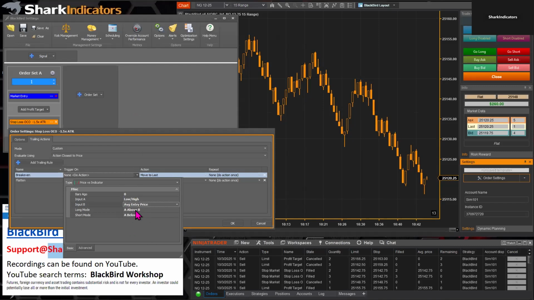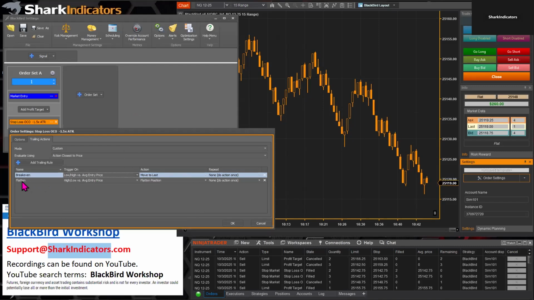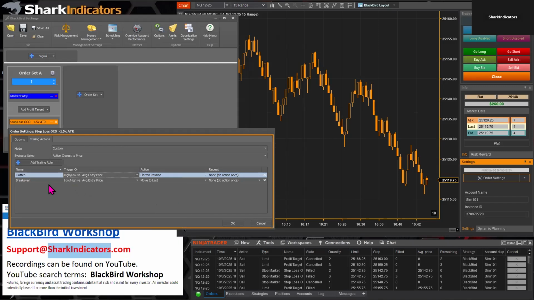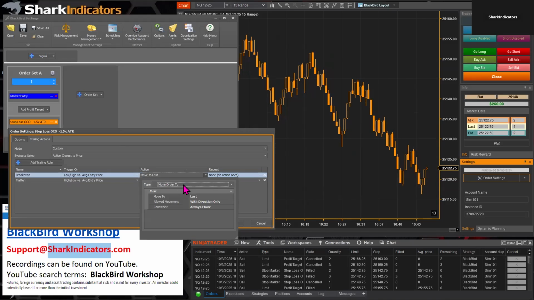All right, so that's our condition, the same as the flatten condition there, but the high and the low price and the modes here are just reversed. And then for the break even action, what is break even?